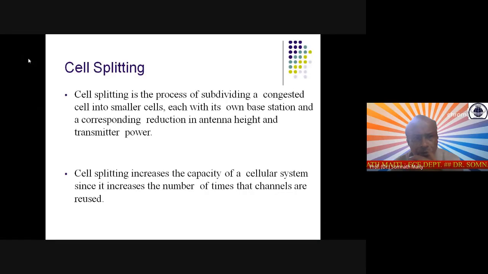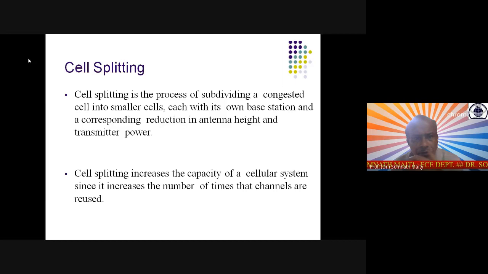Higher height and higher power are required whenever you want to serve a large number of customers using a single antenna. But if you divide it into more than one, you use more than one antenna and reduce the power of transmission, because one antenna will behave as one cell.